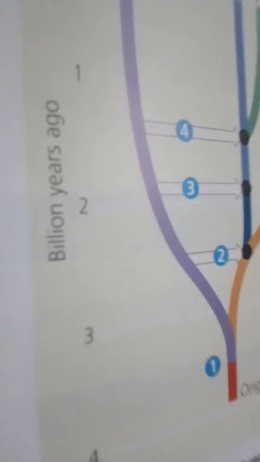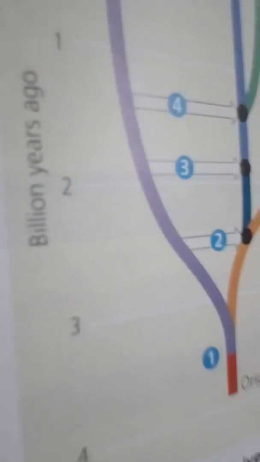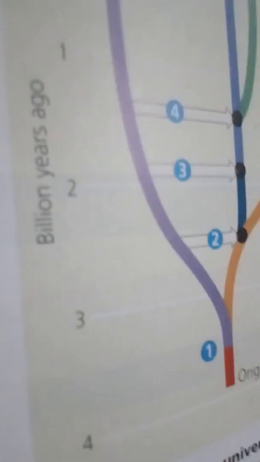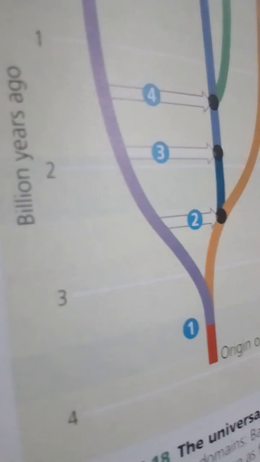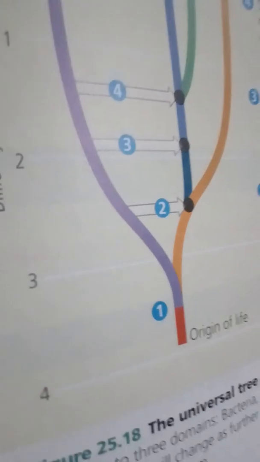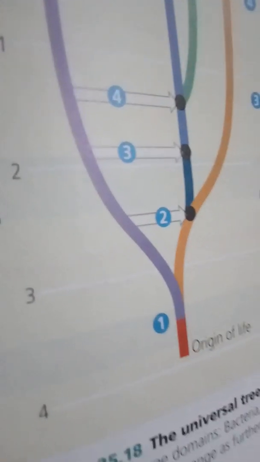Some archaea can use hydrogen as an energy source, and some were the chief source of the deposits of natural gas that are found throughout Earth's crust. The third domain, eukarya, consists of all the organisms that have cells containing true nuclei. This domain includes many groups of single-celled organisms, as well as multicellular plants, fungi, and animals.